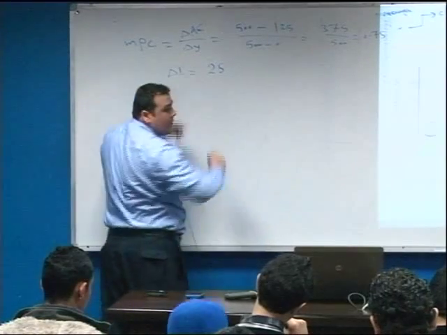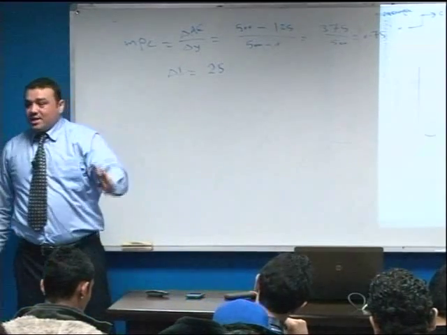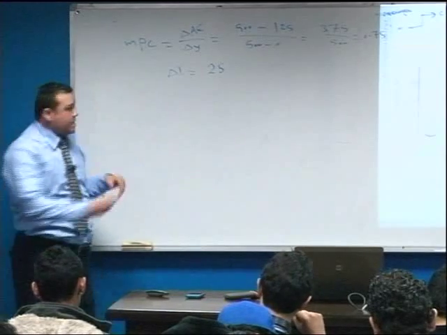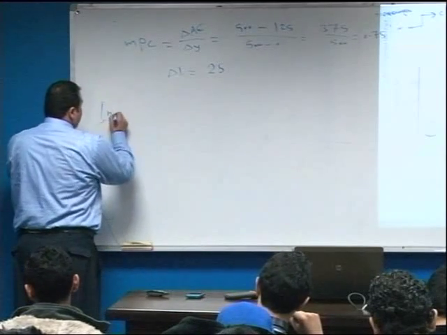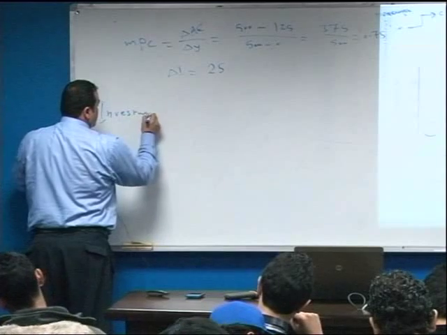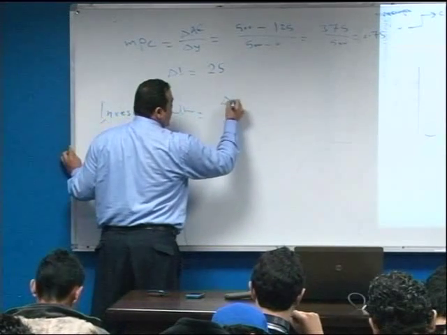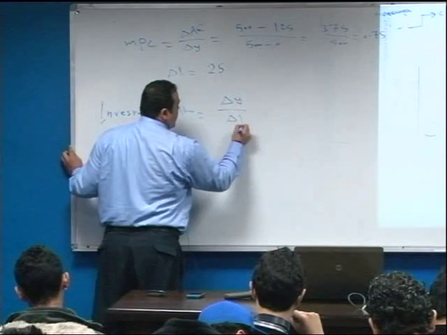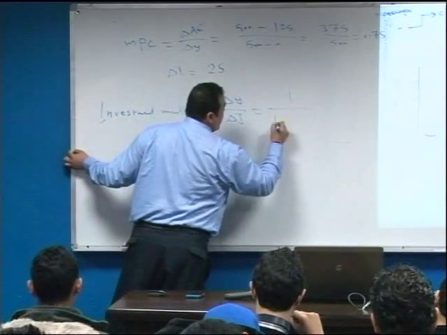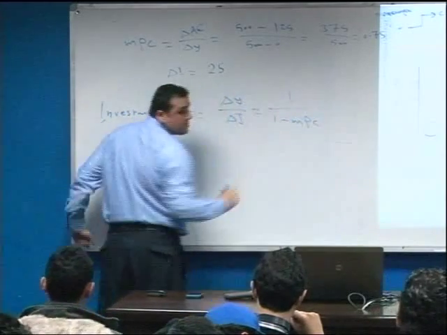We would like to calculate the change in aggregate output. As we mentioned, the investment multiplier equals delta Y over delta I equals 1 over 1 minus MPC.